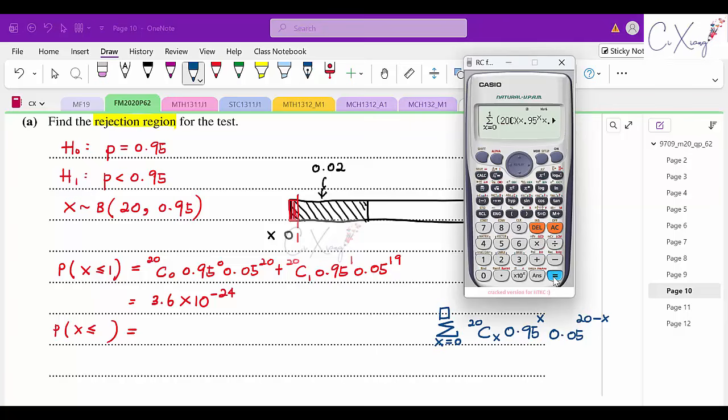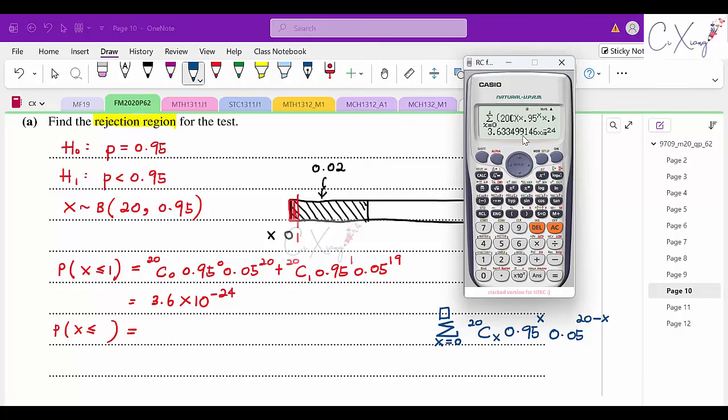Let's press equate and see what we get. You get 3.63 multiplied by 10 power negative 24, which is correct as what we calculated just now. So we can save a lot of time by using this function in the calculator.